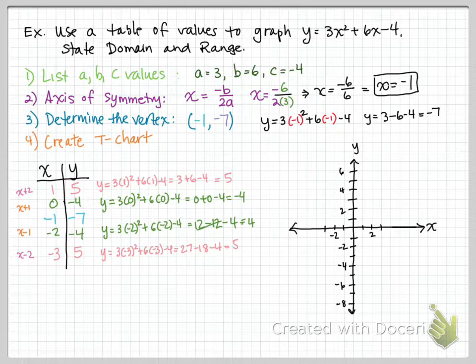And then I'm going to start graphing my ordered pairs. Now I'm just going to use one solid color for all of them. So we go 1, 5, 0, -4, -1, -7, -2, -4. Ooh, this is a skinny sucker. And then we have -3, 5.